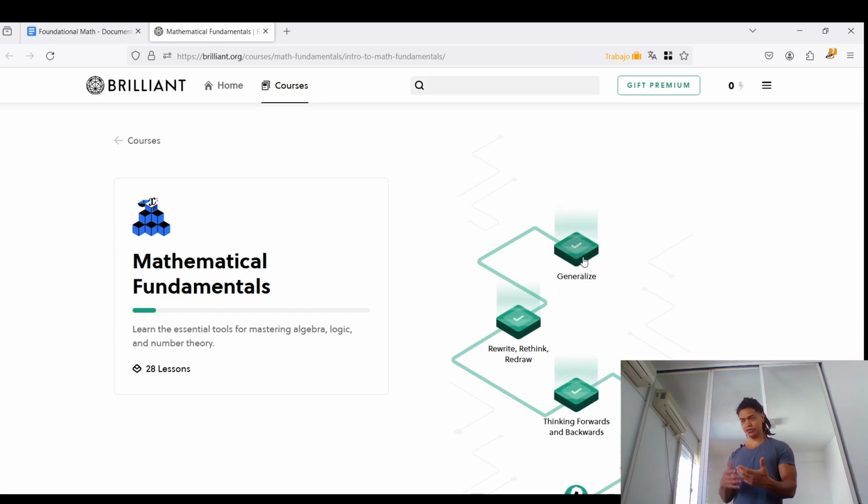So, the other concept here is thinking forward and backward, especially in the mathematics of logic. Because logic, after all, is the relationship between a statement and its conclusions.